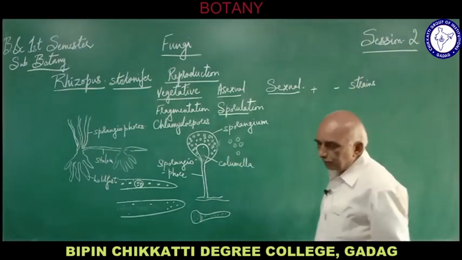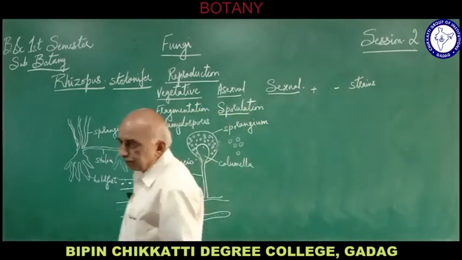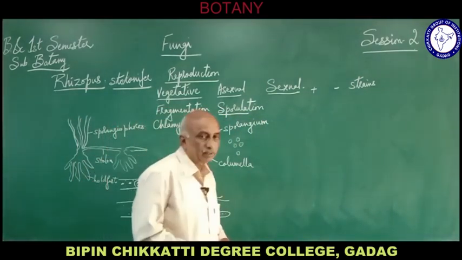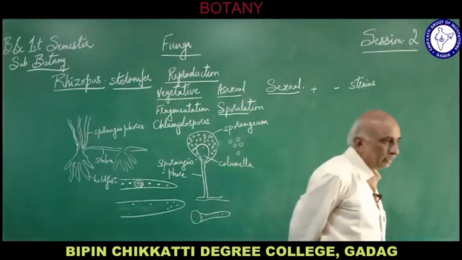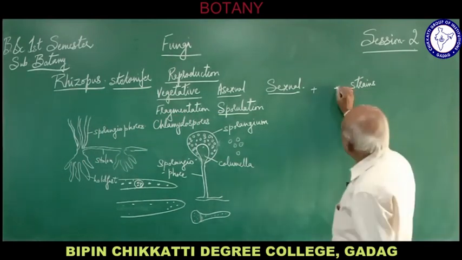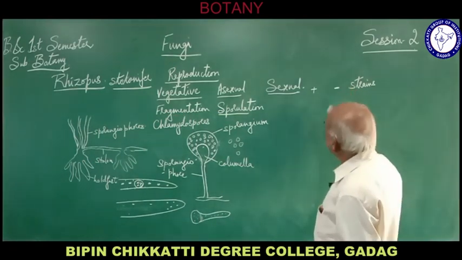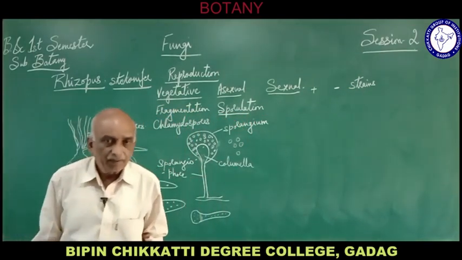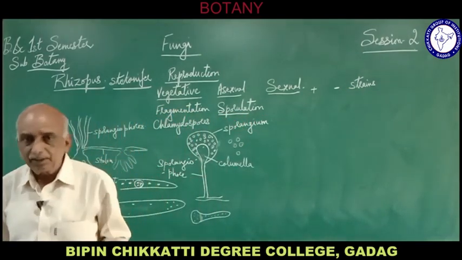So instead of the words male and female, the words plus and minus strains are used, which are opposite in nature, and whenever these two strains are present, they are involved in reproduction.